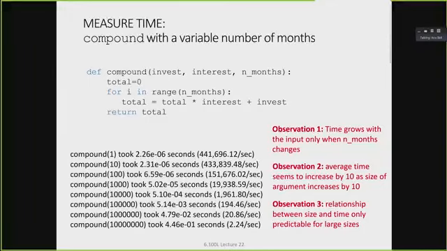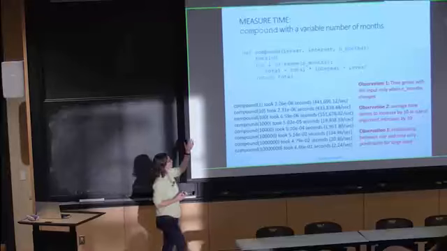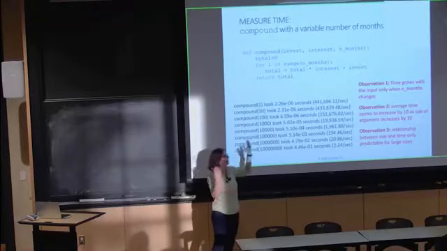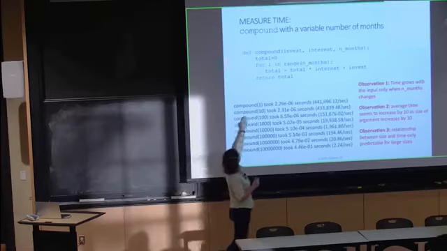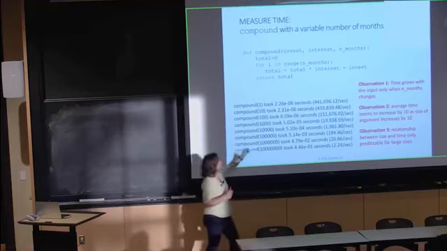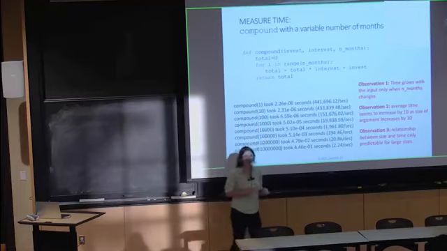As the input is small, I think I mentioned this last time, if for some reason my computer updates or decides to dedicate some resources to running an app in the background, as it's trying to figure out the compound function with an input of 1, this number could be changed dramatically, right?